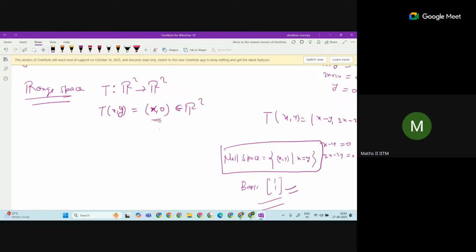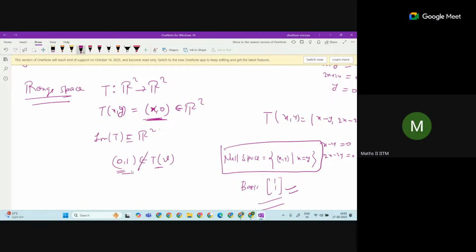If you collect all images, it will be a subset of R2. It is collecting only one part, and the rest, like (0, 1), is not an image. You will not get any vector whose image is this.